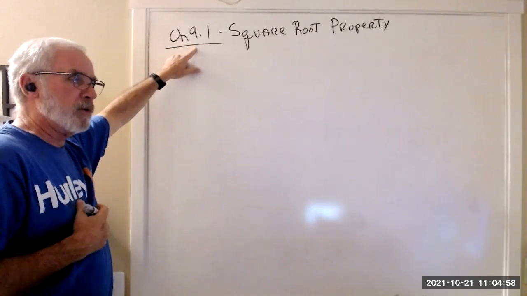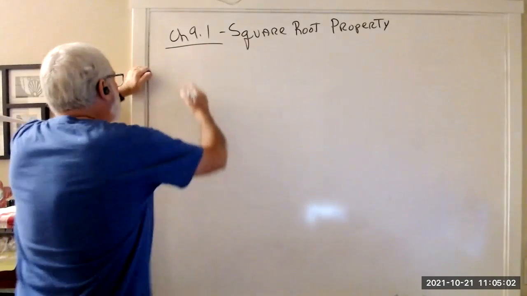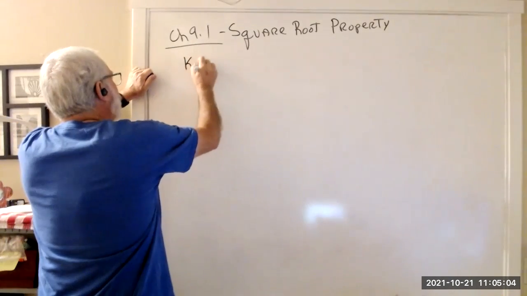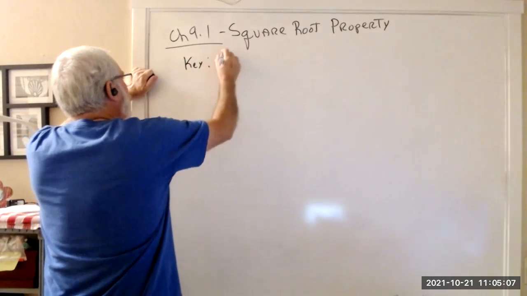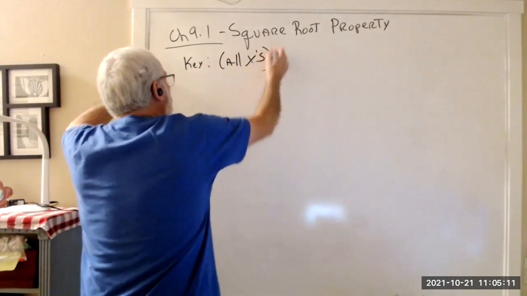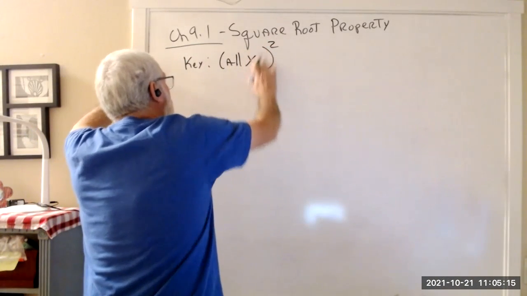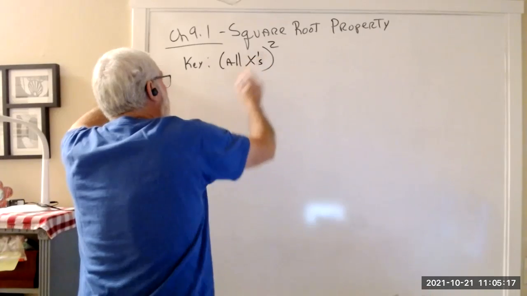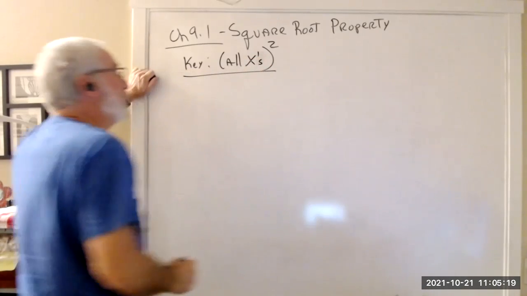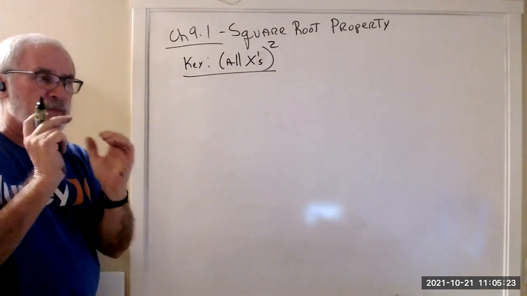It's called the square root property. And the key for this is all of your x's are inside a quantity squared. That's really important. This only works if all of your x's are somehow being squared.